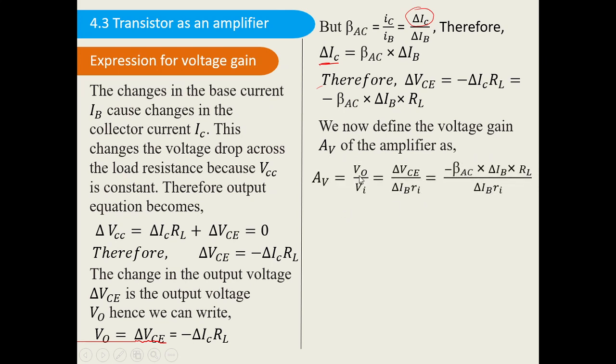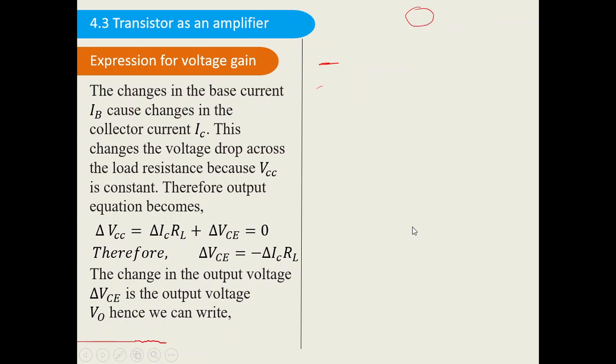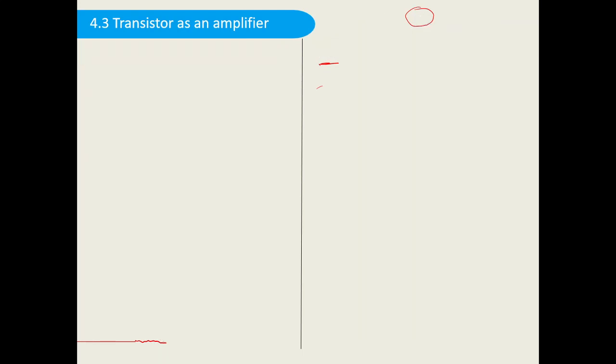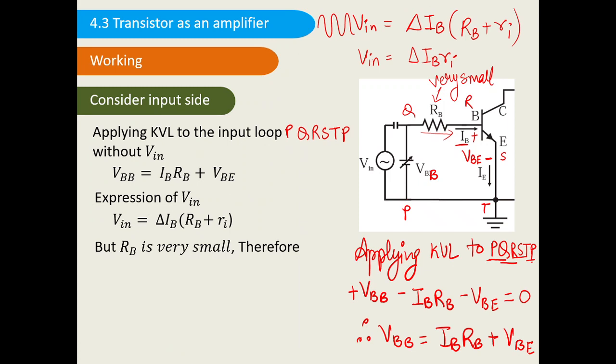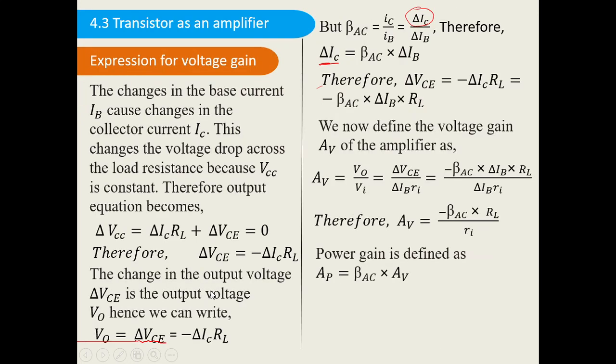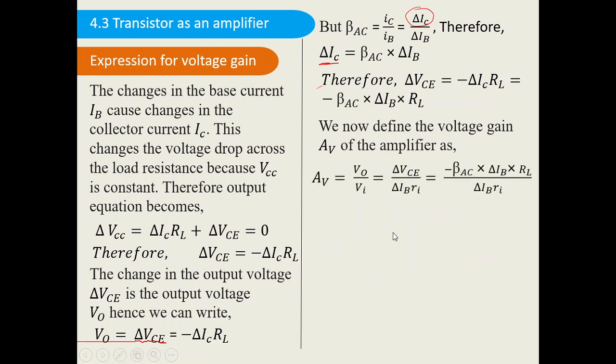Now this VO you can write as delta VCE, and the input voltage Vin is equal to delta IB into RI, as we considered on the input side in the previous slide.